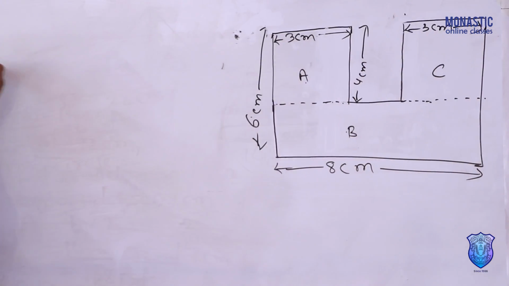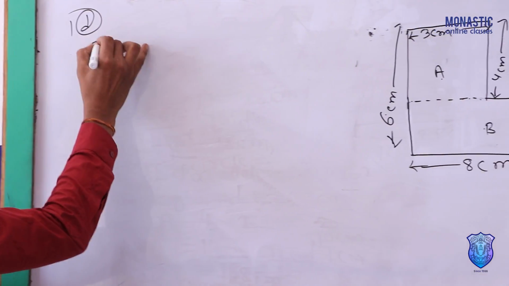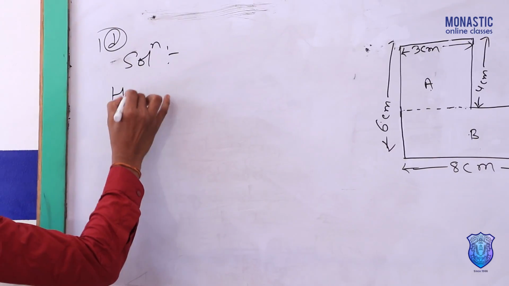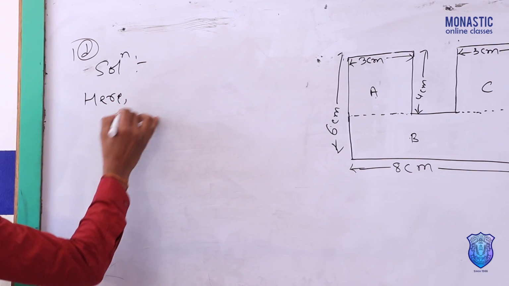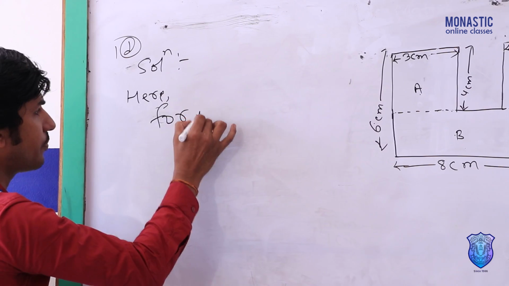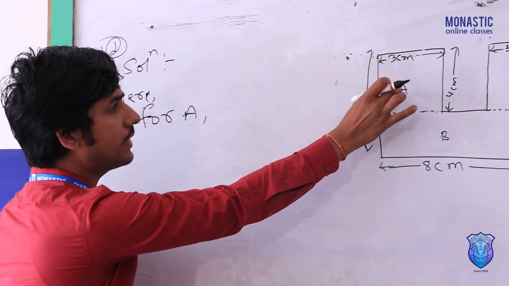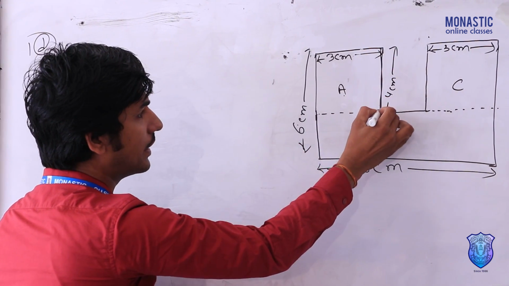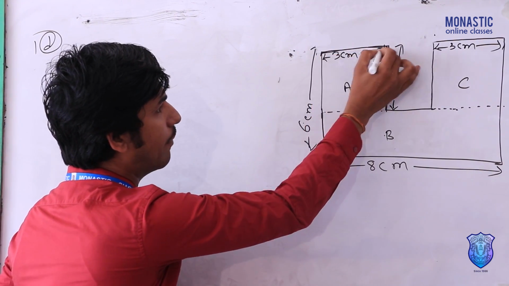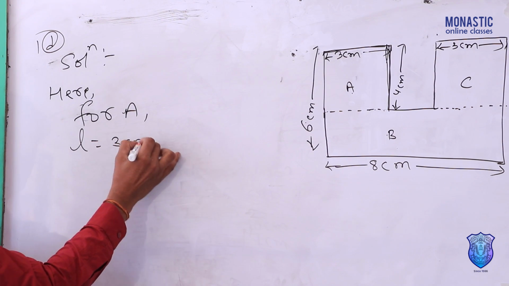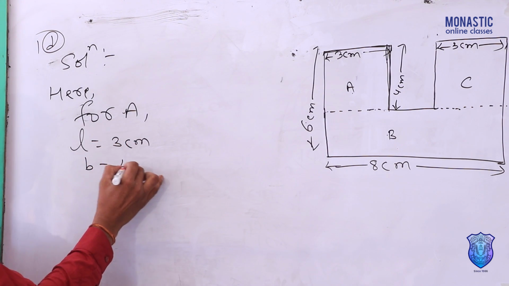Now take the solution here. For A, see, for this length and breadth, the length is equal to 3 cm, the breadth is equal to 4 cm.